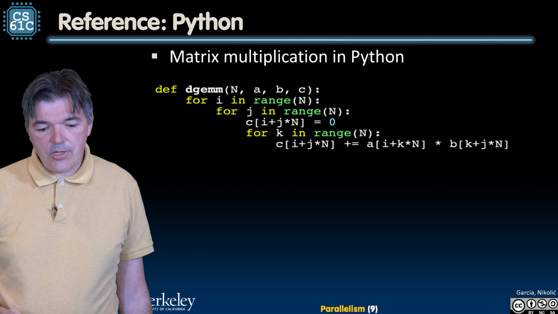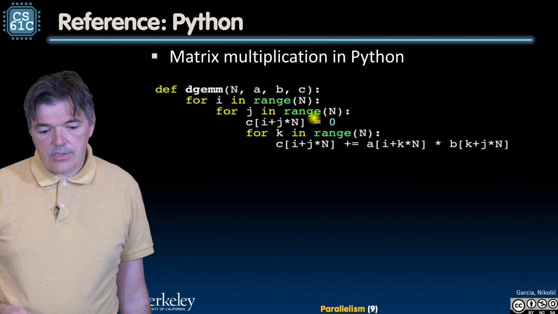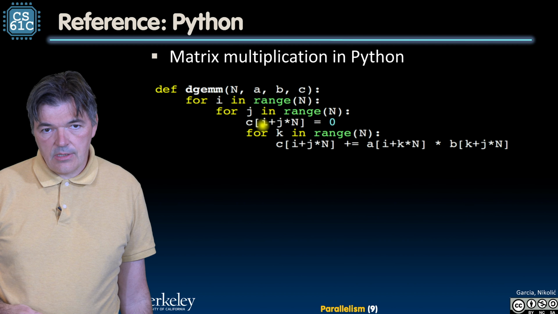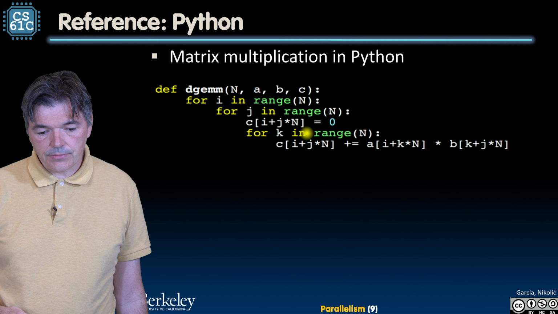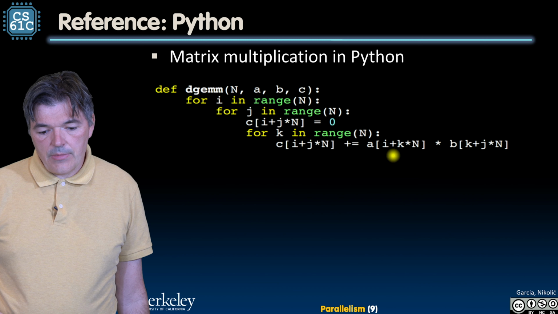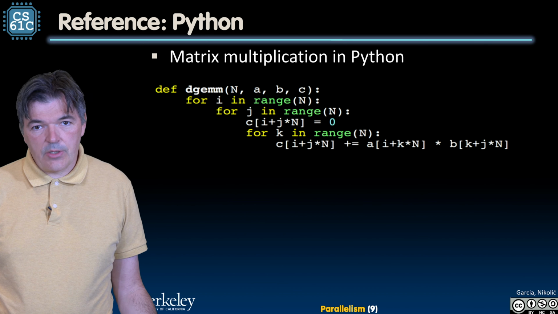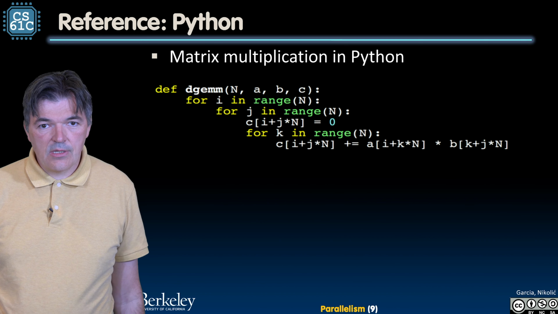In this case, these are square matrices. We initialize each of the values for the elements C_i,j to 0, and then in the inner loop we accumulate A times B from corresponding places in matrices A and B.